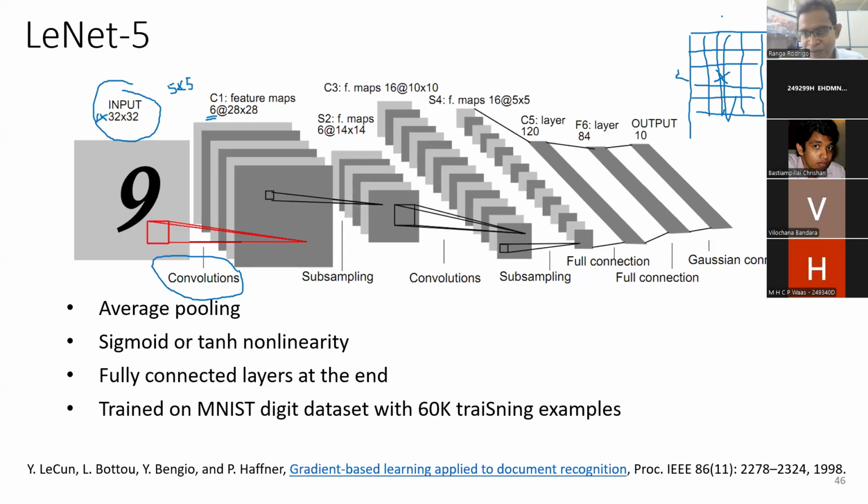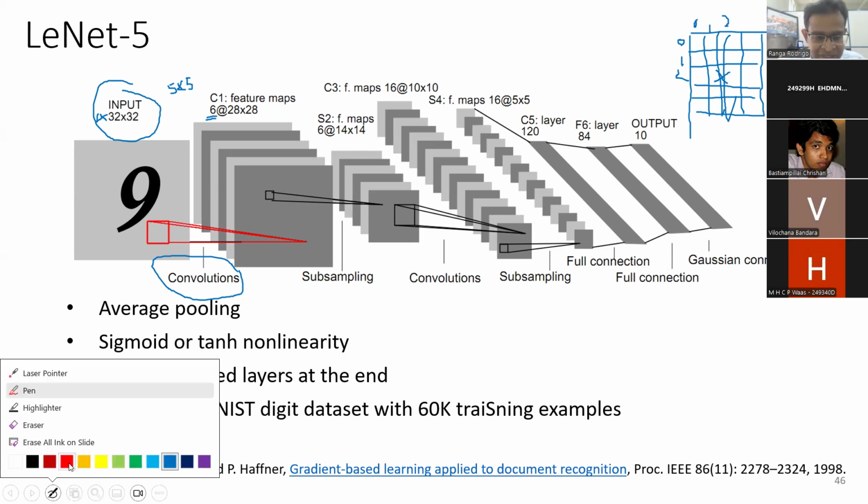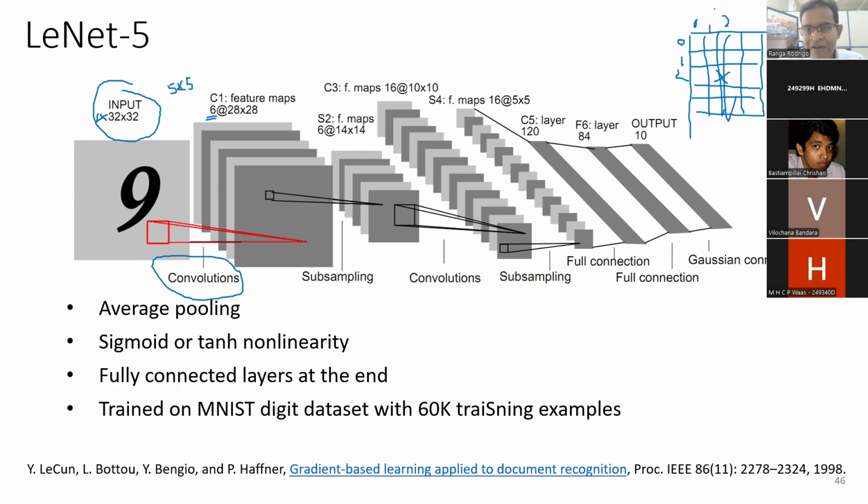Can you see that? 2, 2, 0, 1, 2. So as a result, you see you lose a certain number of rows. So here we lose two columns, and we lose two rows in the output.